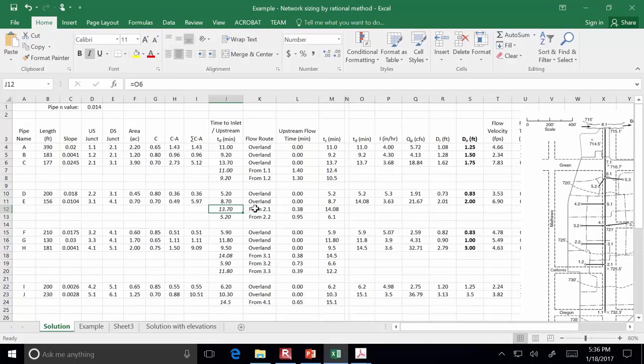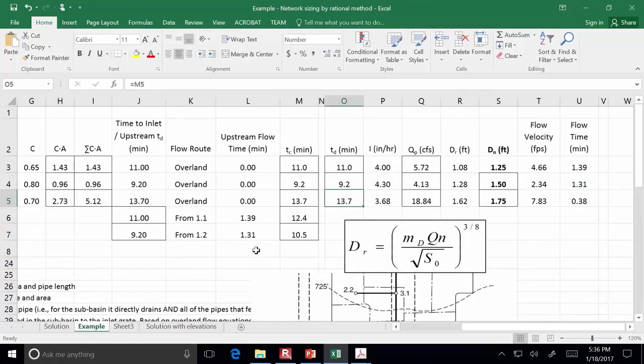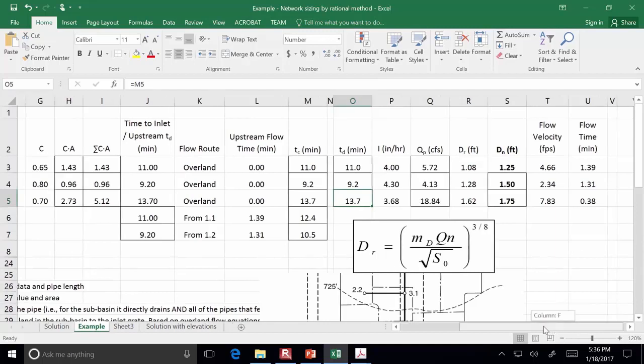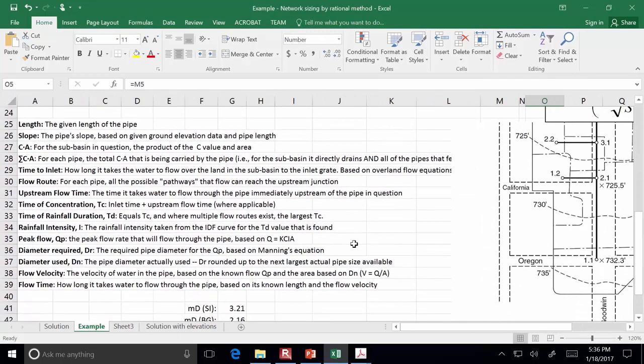So you'll notice that the pipes get progressively larger and larger. This is the trunk line here that started at 1.75, then the next segment is 2, then the next segment is 3. But the first time you look at it is tricky. I think what I hope will help you is these definitions.